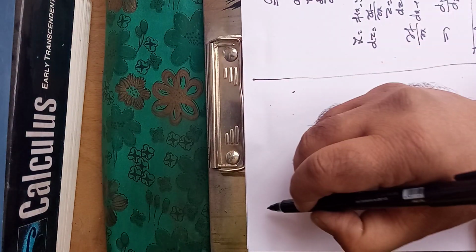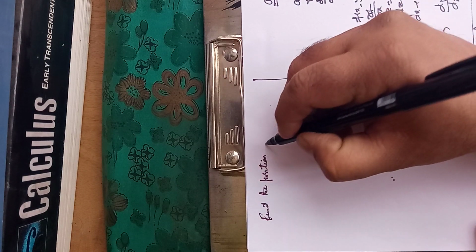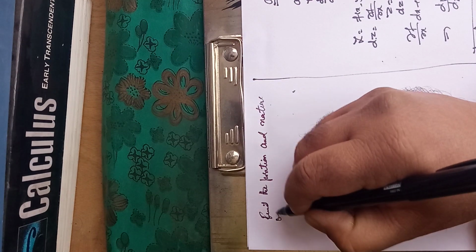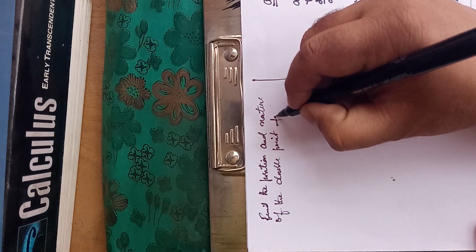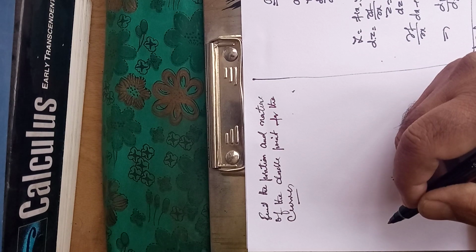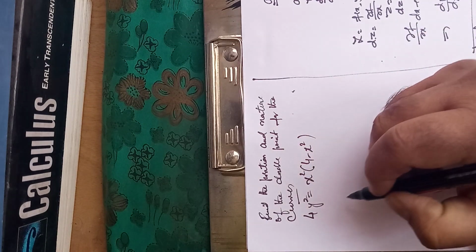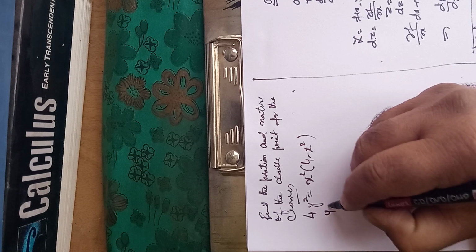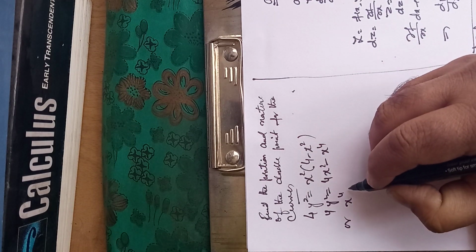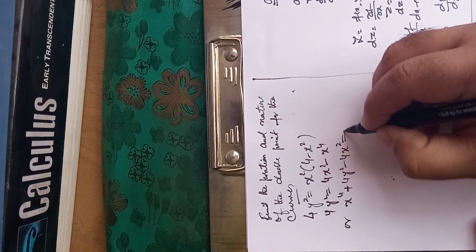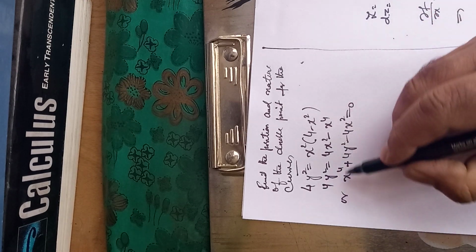Find the position and nature of the double point for the curve x^4 + 4y^2 - 4x^2 = 0. This is a function of x and y.